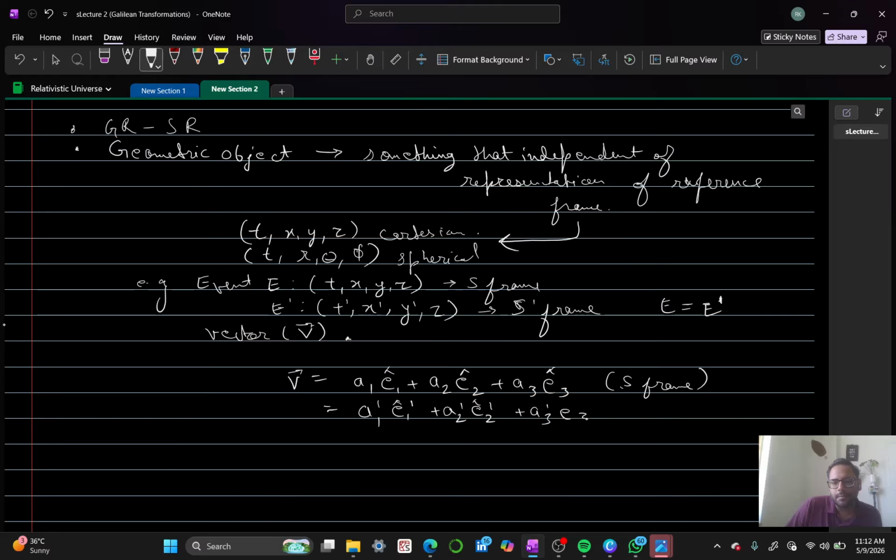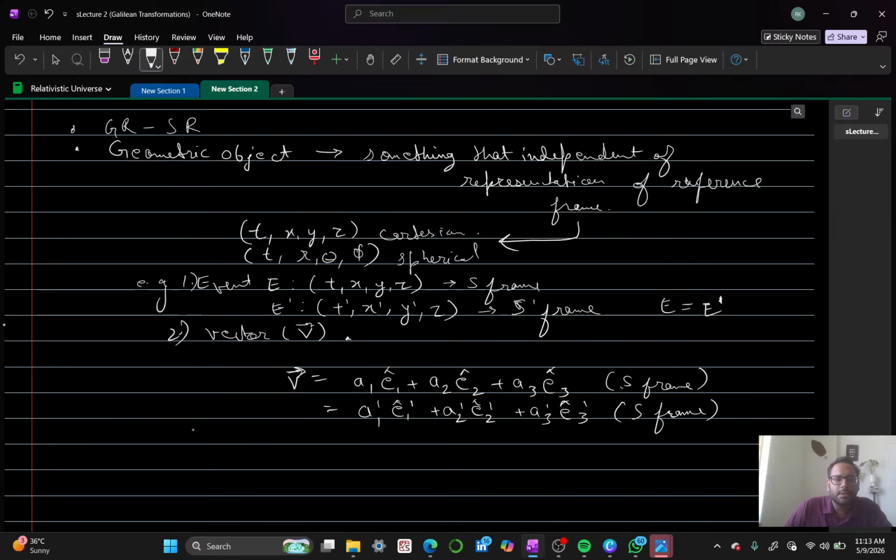So components and unit vectors will change depending on the frame, but the magnitude and actual direction are an intrinsic property of a vector and will not change. Okay, the total magnitude.